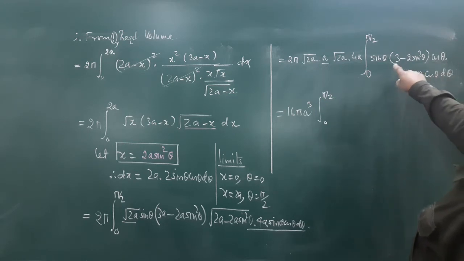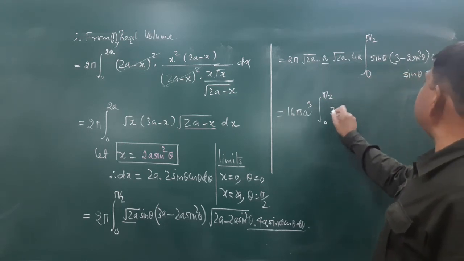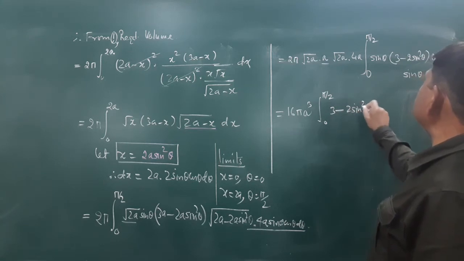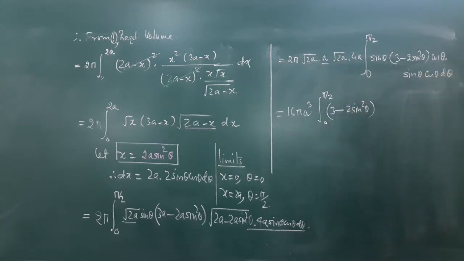Let us multiply that: (3 minus 2 sine square theta) into sine square theta cos square theta d theta.